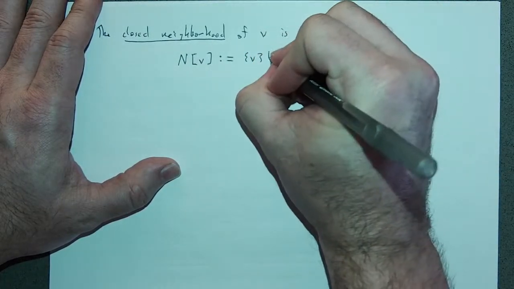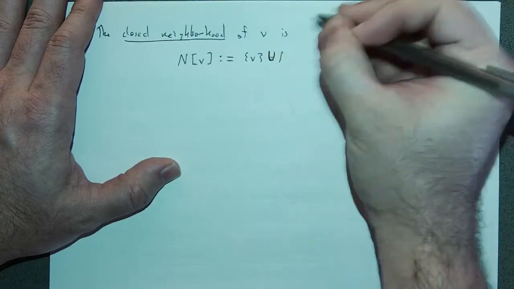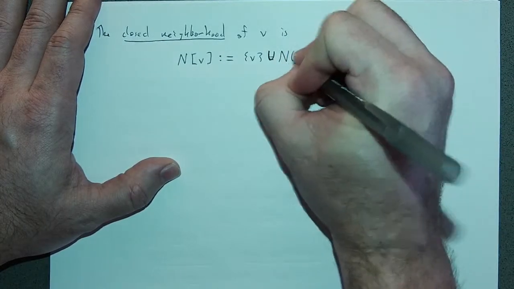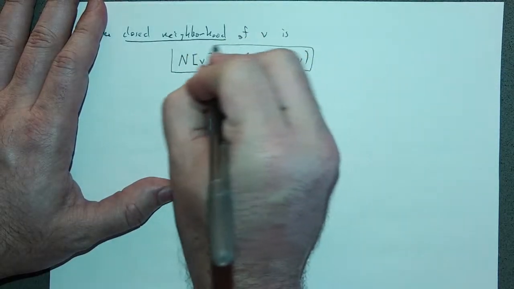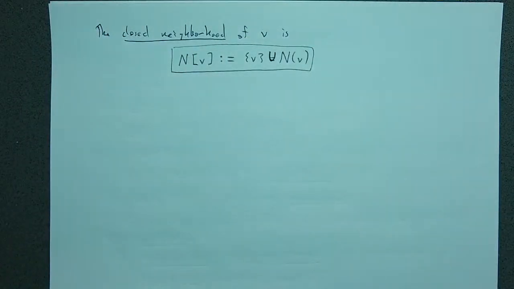There we go. So what is this? This is the open neighborhood, so it's all of the vertices that are adjacent to V, together with V itself, right? So it's all of the vertices adjacent to V along with V. Okay, so V and everything that is adjacent to it.